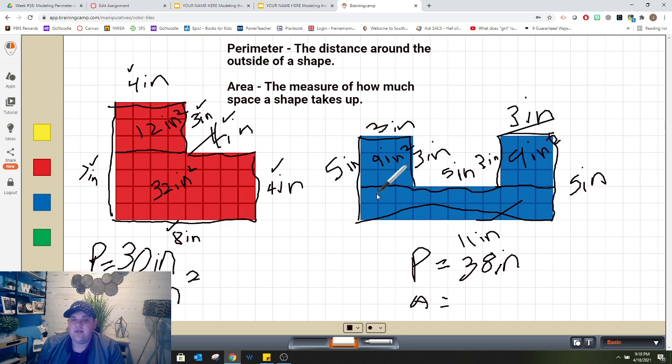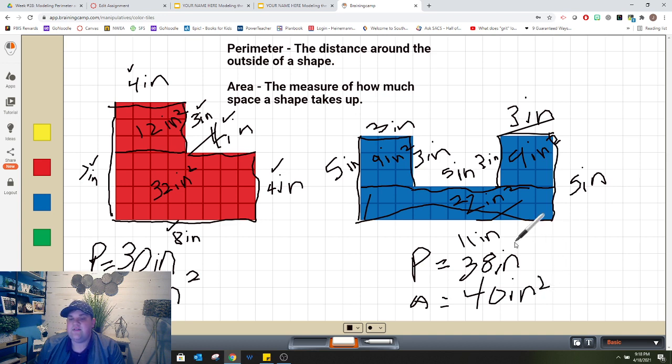Then this has 2 by 11. 2 times 11 is 22 inches squared. And now I just need to add these together. 22 plus 9 is 31. Plus 9 more is 40. So the area is 40 inches squared.